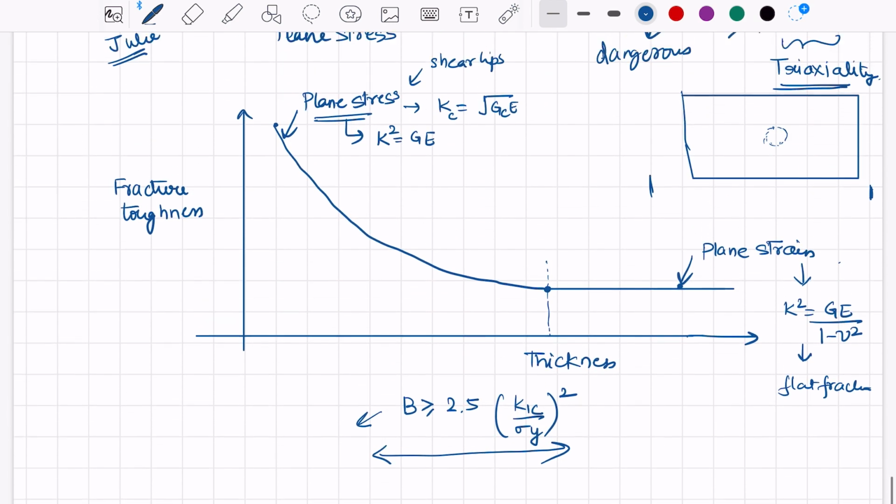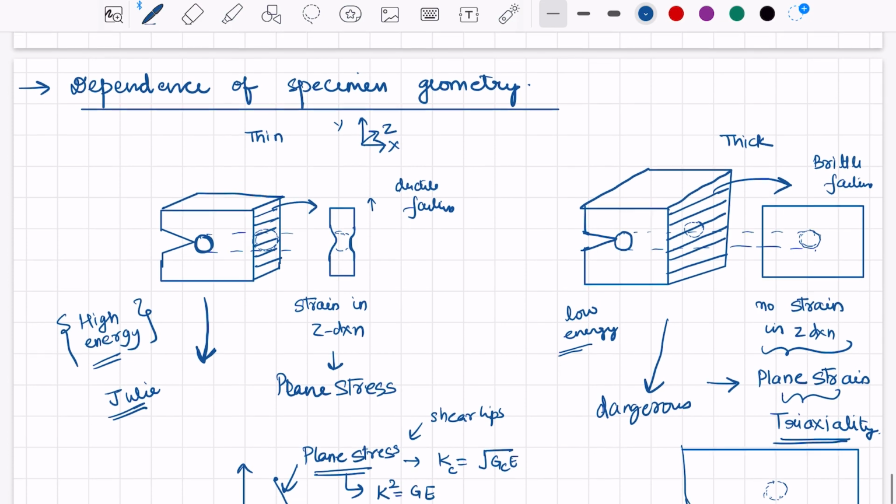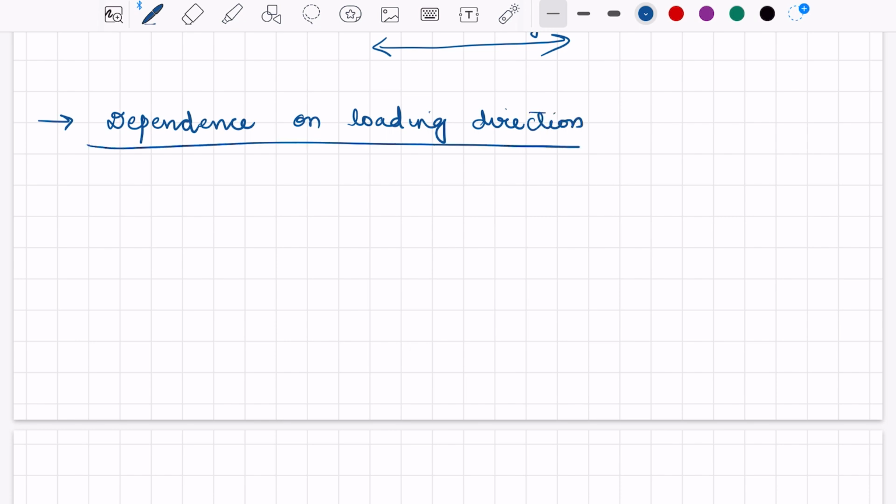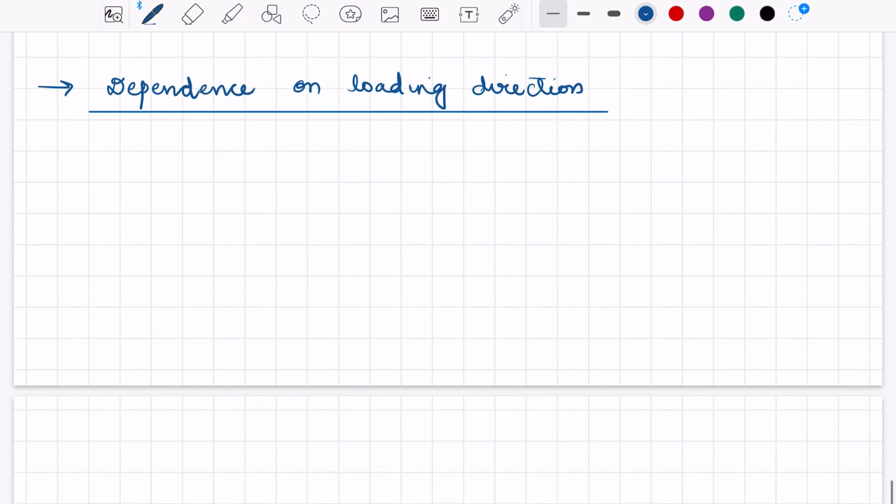Now, after the dependence on crack and specimen geometry, let's see how it depends on load application, dependence on load direction, loading direction. So for understanding this, I suggest you take 2 rectangular boxes or 2 dusters in your hand.